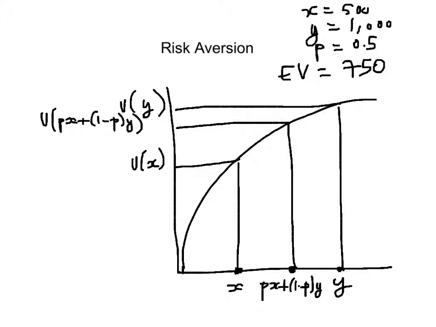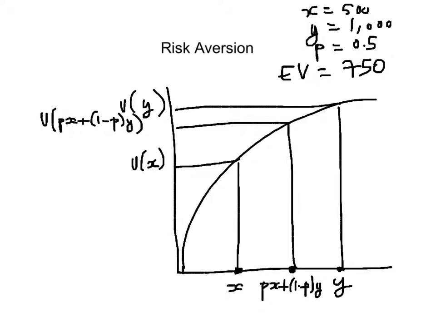So instead of getting $750, I'm getting either 500 or 1,000 with a probability of 50% each. Well, expected utility theory tells me that the expected utility of a gamble is a weighted average of the utility of each outcome.